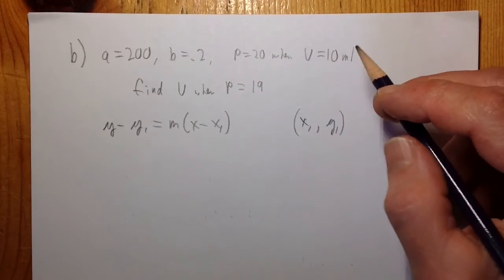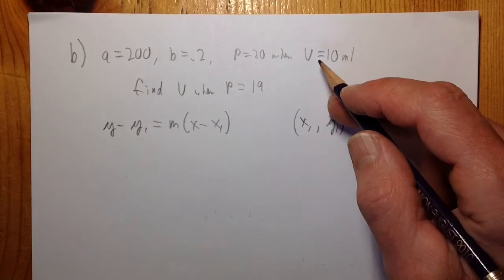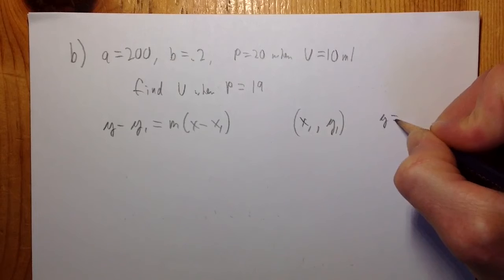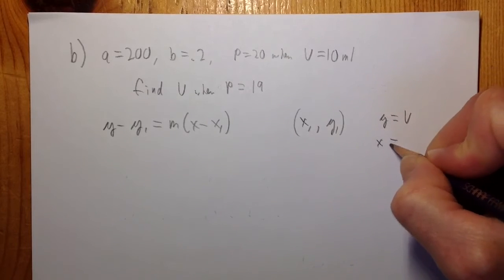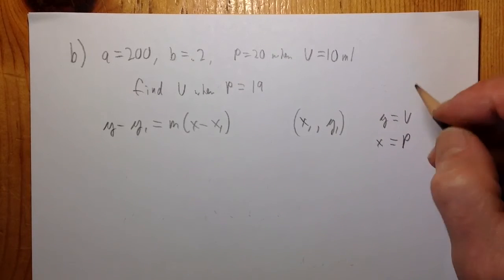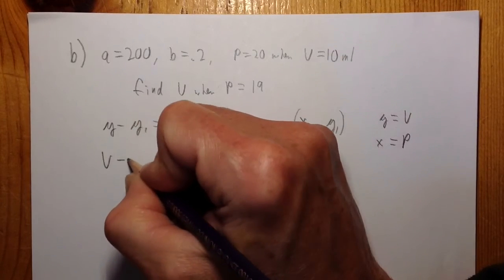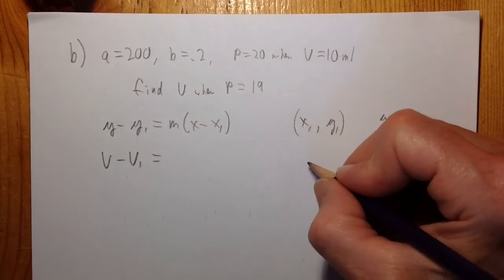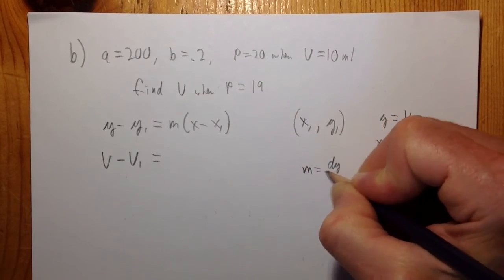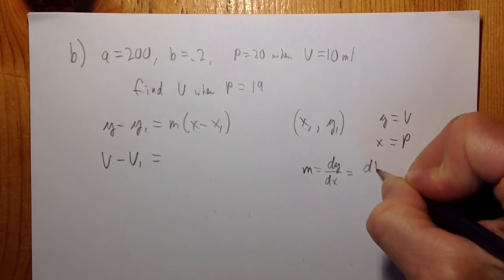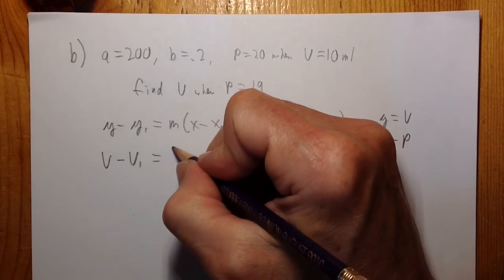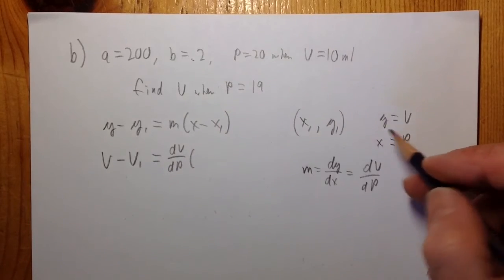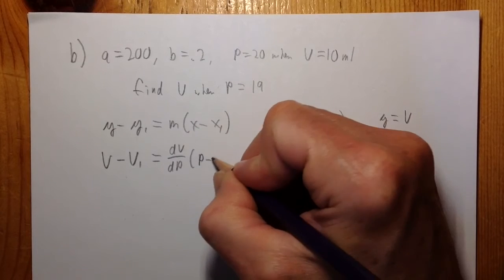Well, again, our y is v, and our x is p. So let's rewrite this then. So we have v minus our volume point is equal to the slope. So the slope normally m is dy dx, but in this case it's dv dp. So it's equal to dv dp times x, which is p, so p minus p1.